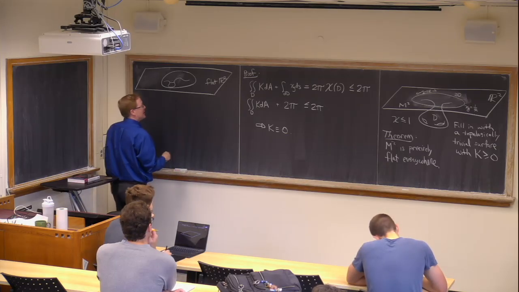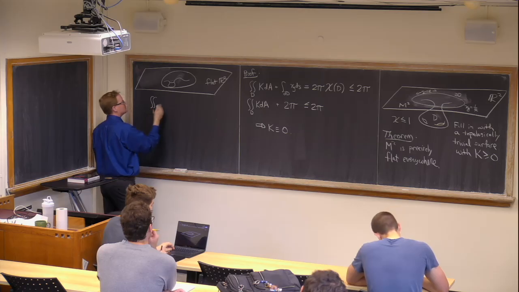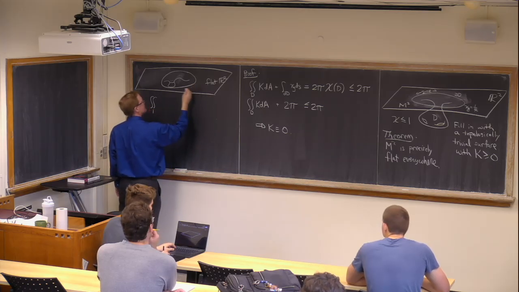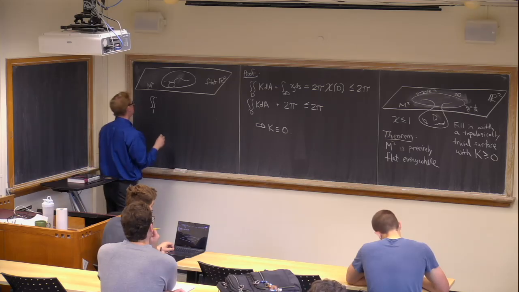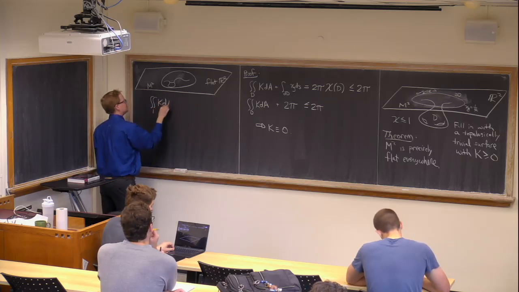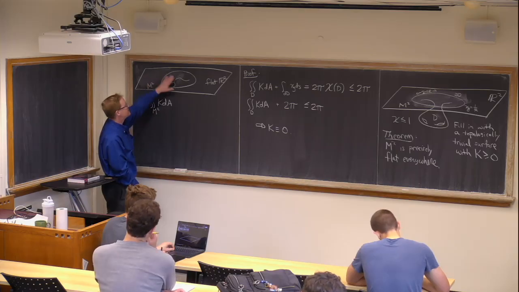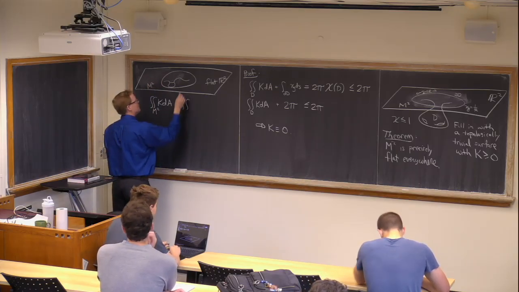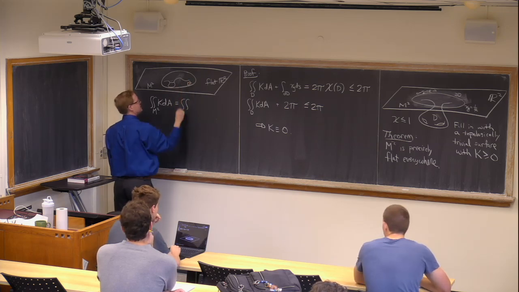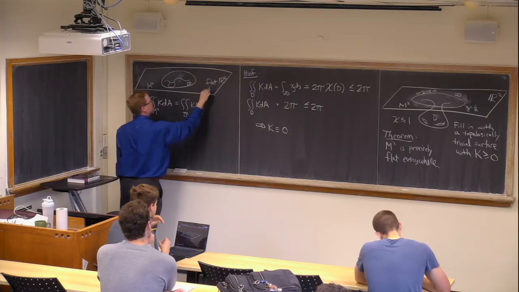And so if we look at the Gauss-Bonnet theorem, it's saying that the integral over the disk, let's say this is the whole thing, we'll call it M2. So I want to look at the integral of k dA over the whole M2. Let's talk about that quantity. Well, we know it's 0 outside the disk there, right? So this is the same thing as the integral over this disk region D2 of k dA, because I'm assuming it's exactly flat out here.